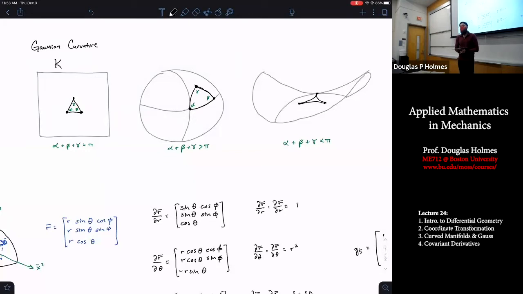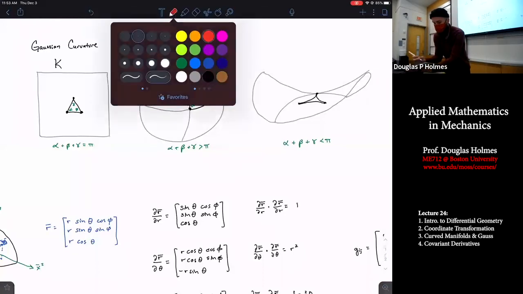In the simplest sense, you can think of Gaussian curvature at a single point on each of these surfaces. So at a point, I'm going to make a red dot to be clear here.